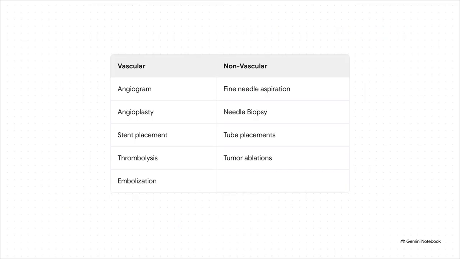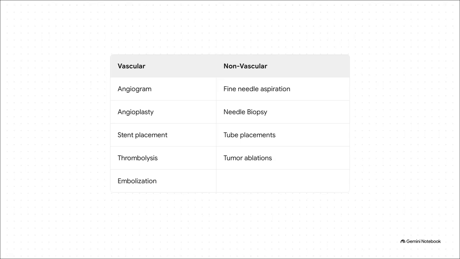Here's a really clear side-by-side breakdown of clinical examples for both classifications. Having this mental matrix is going to help you quickly categorize procedures as you review patient charts. Under the vascular column, you'll see things like an angiogram, which is visualizing the vessels, or an angioplasty and stent placement, where they're actively opening up a blocked vessel.